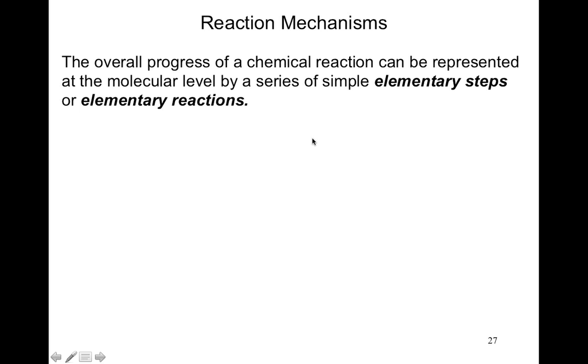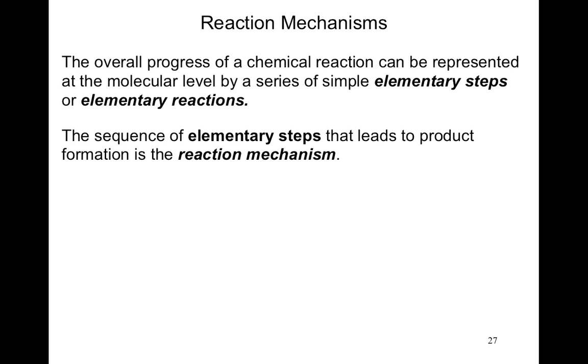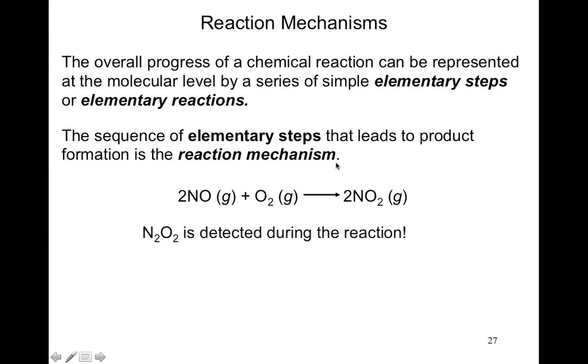So the overall progress of a chemical reaction can be represented at the molecular level by a series of simple elementary steps, or elementary reactions. The sequence of elementary steps that leads to product formation is the reaction mechanism. This is going to feel a little bit like Hess's law when we get into it. So here we have nitrogen monoxide plus oxygen gas yields NO2.